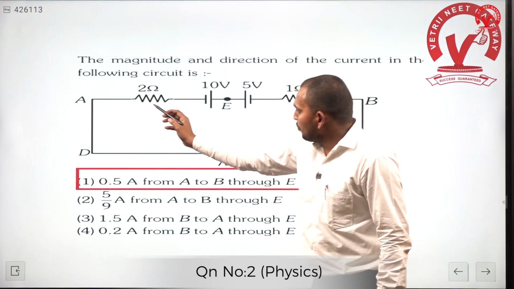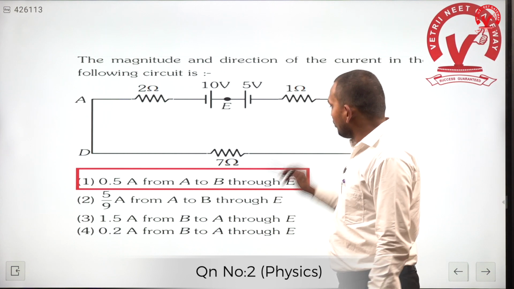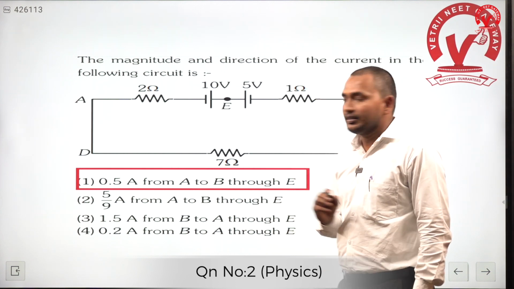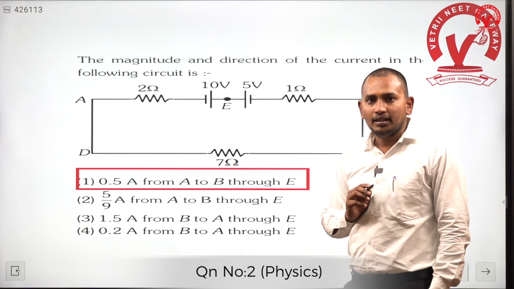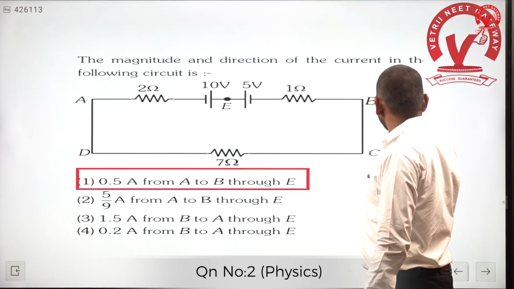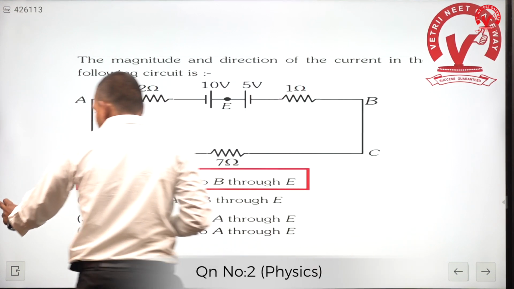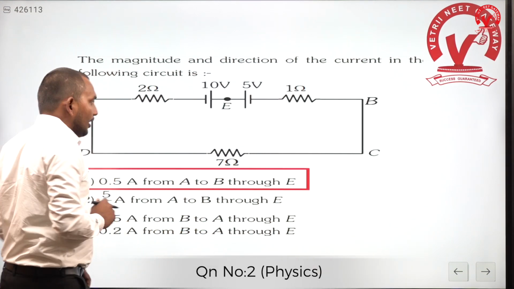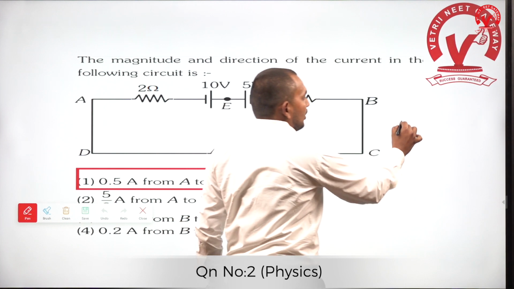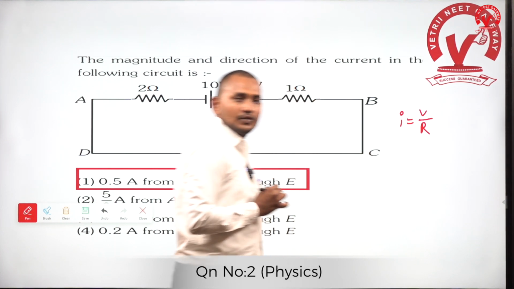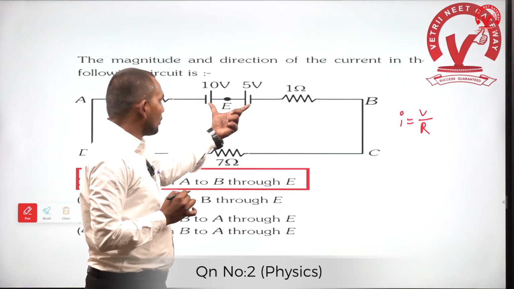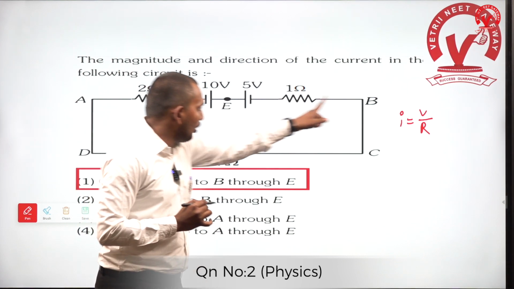The second question is: the magnitude and direction of the current in the following circuit. Here 2 ohms, 1 ohm, 7 ohms are given, and 10 volts and 5 volts. They are asking us to find the current. We know the basic formula: current is equal to V by R. So how much potential is there and how much resistance?